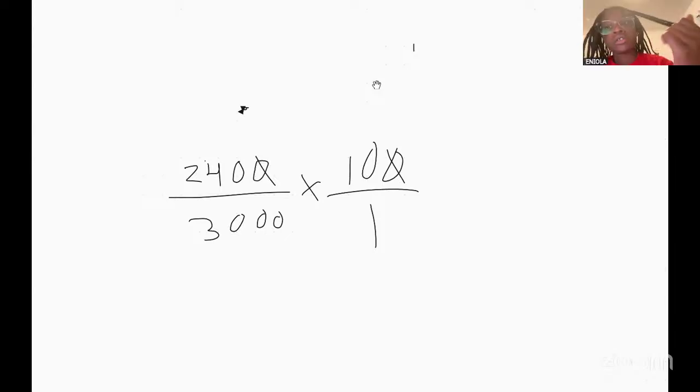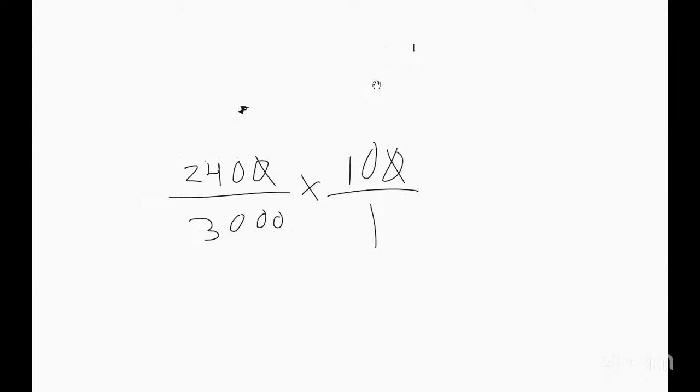No, hold on. You can't cross on top. You cross one on top, one below. First mistake. Second mistake is that you have to actually calculate the discount. If the original price is 3,000 and it was sold for 2,400, what is the discount? How much was given as discount?